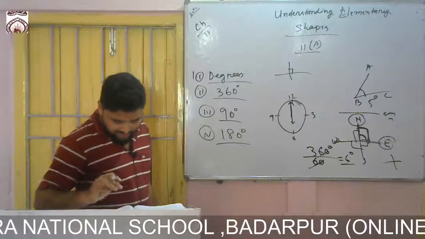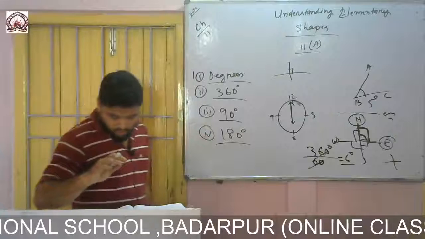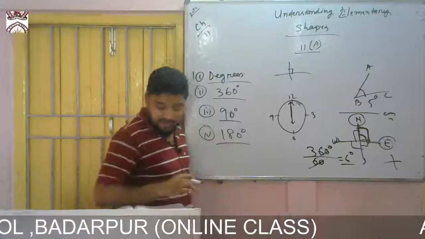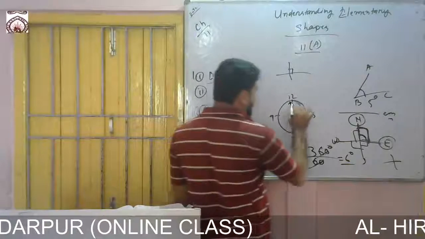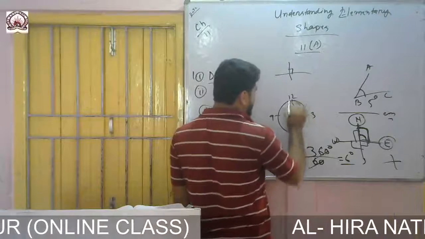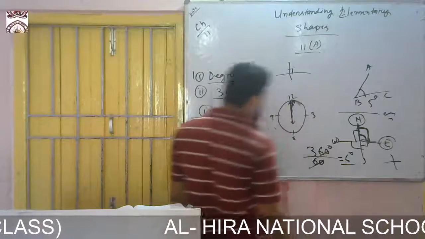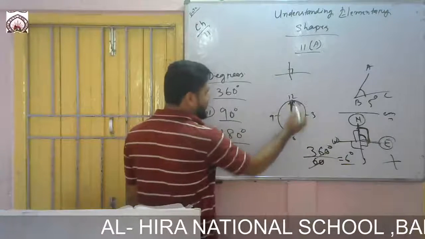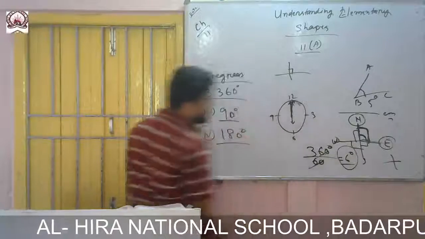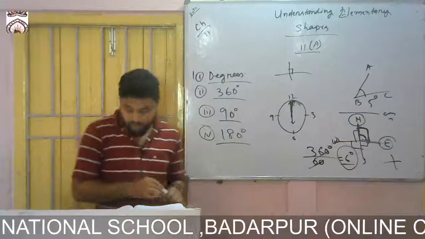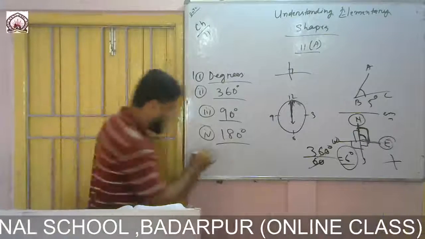Whenever a minute hand moves 1 minute, suppose the minute hand was earlier at 12. Now if it moves 1 minute, then this angle will be equal to 6 degrees. This angle will be 6 degrees.